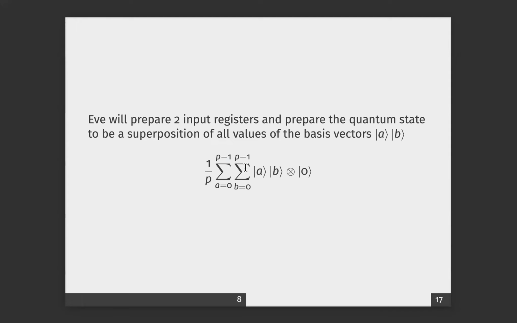So 1 over P. The reason why it's 1 over P is because you have 1 over square root of P here and 1 over square root of P. If you multiply them, you will get 1 over P. Okay, so this is the usual Hadamard expansion, the superposition.